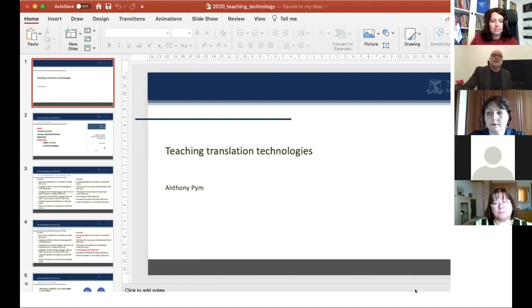Most of the translation programs around the world are based on a simple structure, rather like this, where we do the basic stuff first, and then interpreters go off and do their thing in conference interpreting, and we train people in written translation. And often the technology is done later.